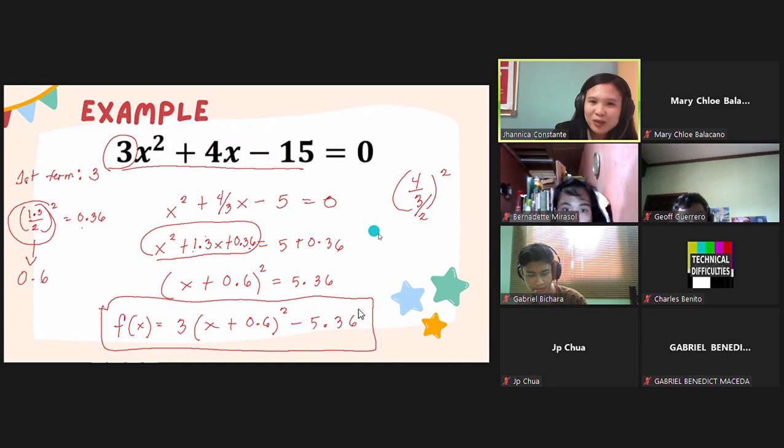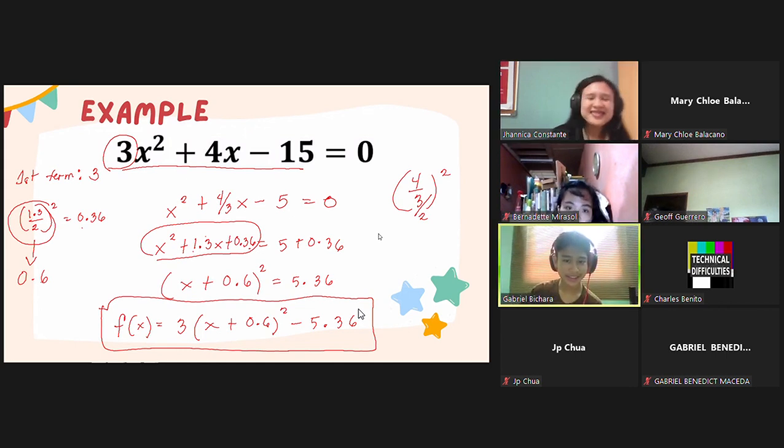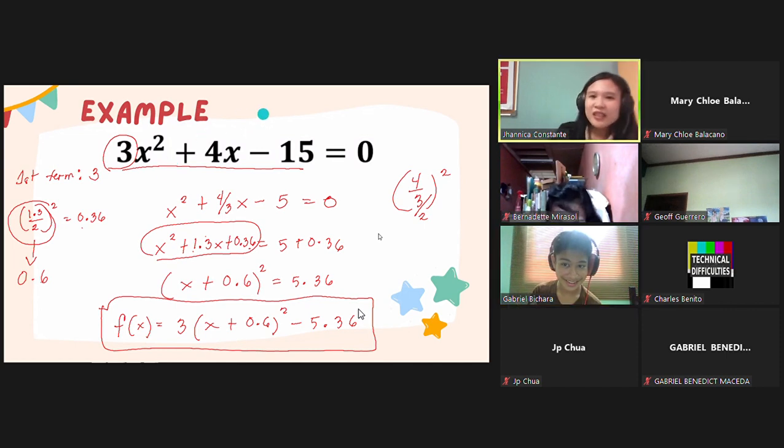Okay na, with converting from standard to vertex form of quadratic function. Wait. This 1.3 divided by 2 is 0.6, and you got x plus 0.6 squared. Yeah. Is that for everything? It depends on the given value that we have.